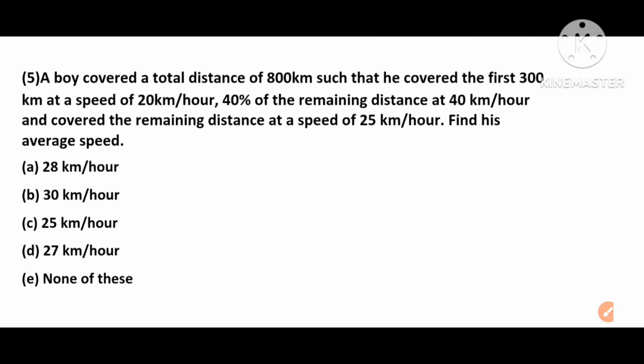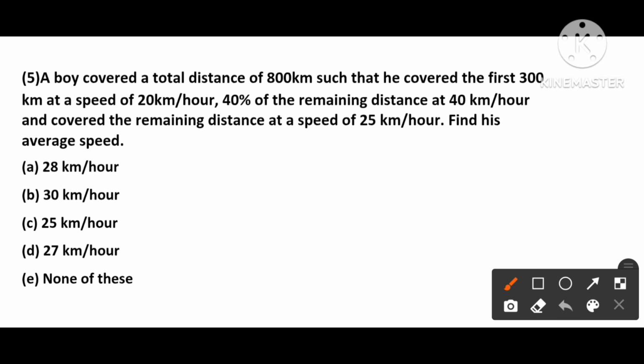Now we are going to see the next question. A boy covered a total distance of 800 kilometers such that he has covered the first 300 kilometers at 20 kilometers per hour. So total 800 is the distance.